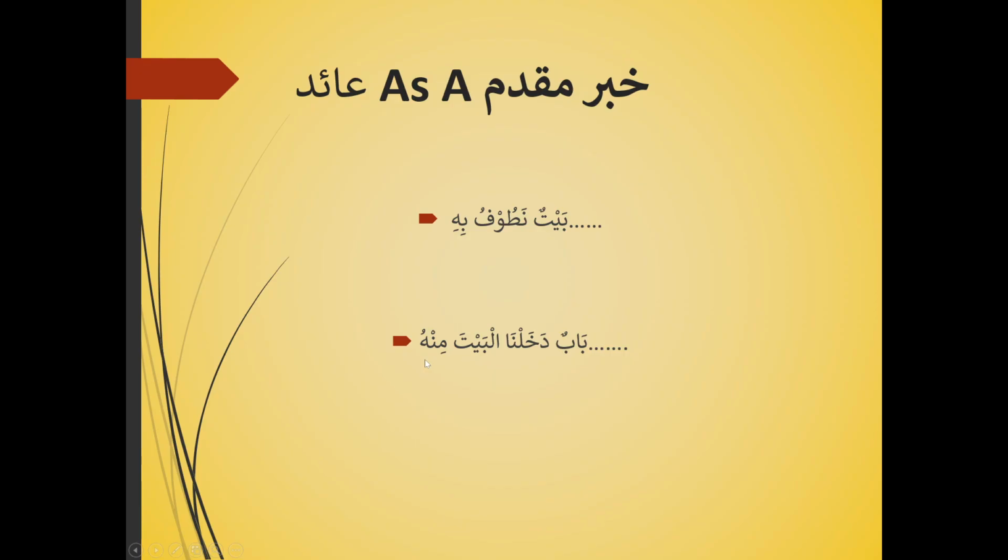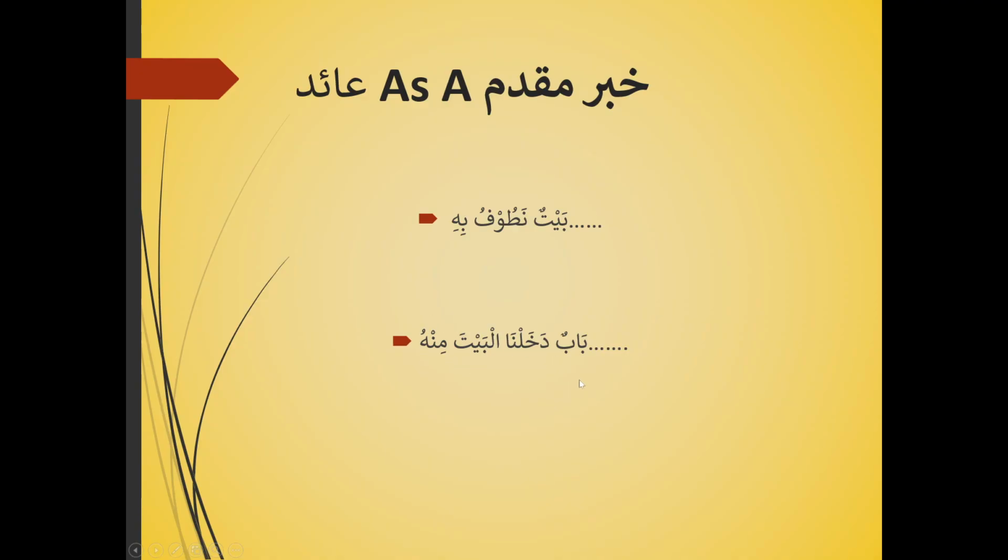We enter the house with it. But that's kind of like direct translation. So we need to drop it from that? Yeah, we actually dropped this whole thing because it's a bit awkward in English to say with it. So we would just say we enter the house through the door, something like that. We use the word through to represent the minhu.